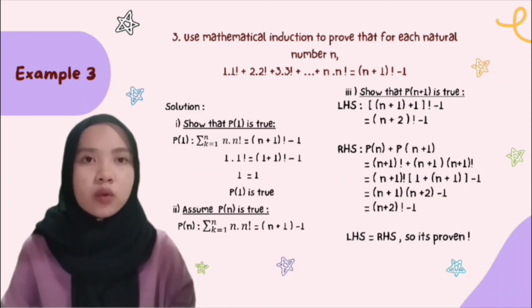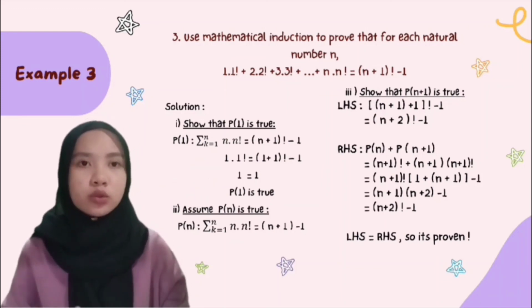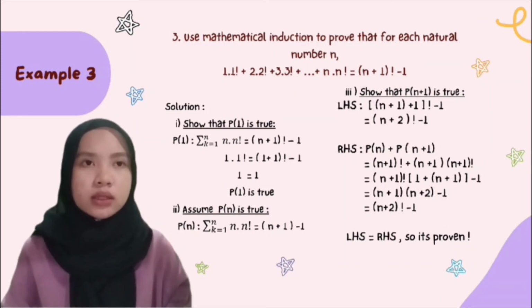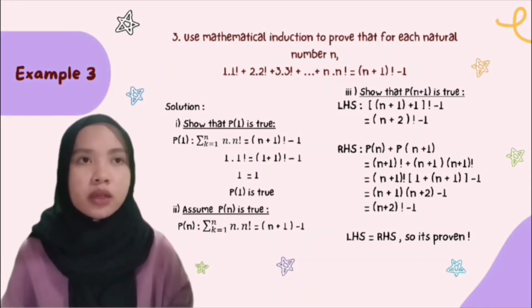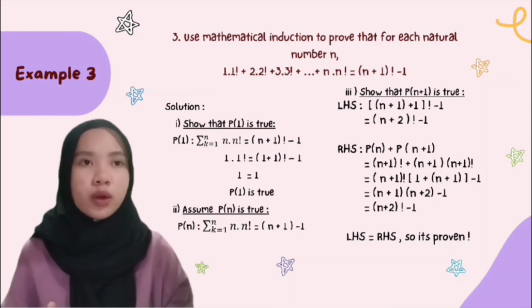Second, we must assume that Pn is true. The third and last step is to show that Pn plus 1 is true using the left hand side and right hand side method. For the left hand side, we substitute n plus 1 into (n plus 1) factorial minus 1. Then we get (n plus 2) factorial minus 1.